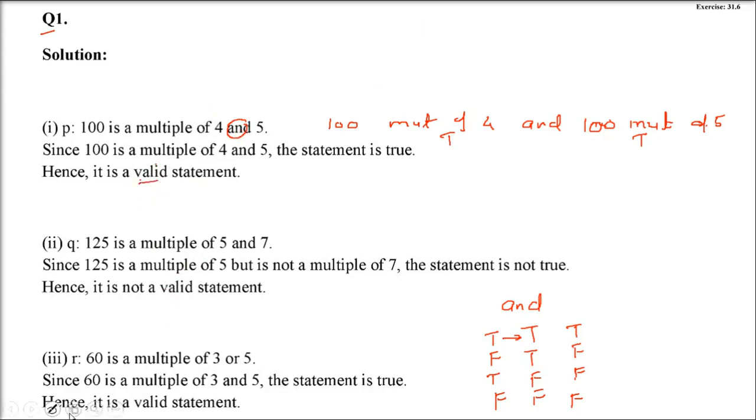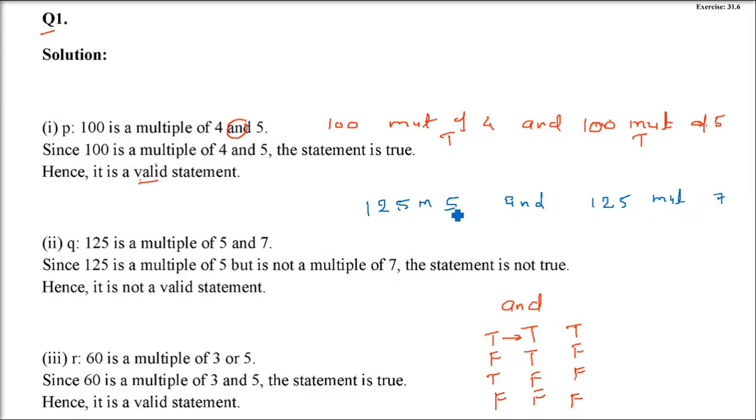Second one, 125 is a multiple of 5 and 7. This is the second part of this question. We can write again like this: 125 is a multiple of 5, this is one statement, and 125 is a multiple of 7.